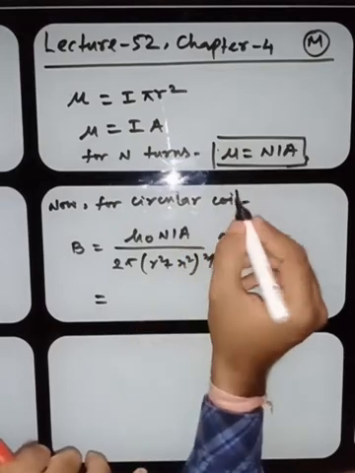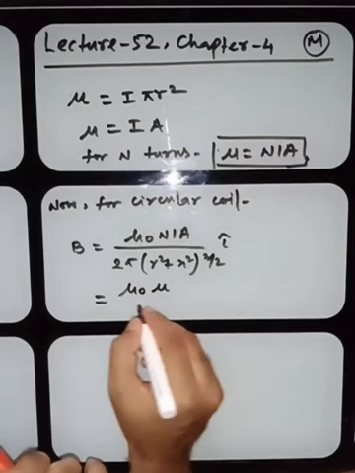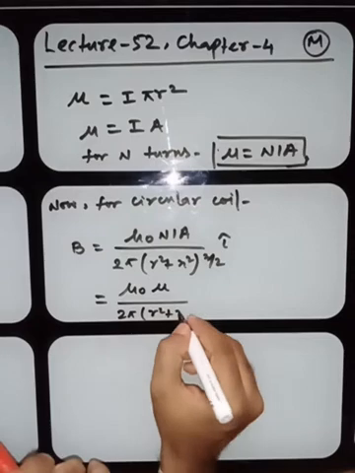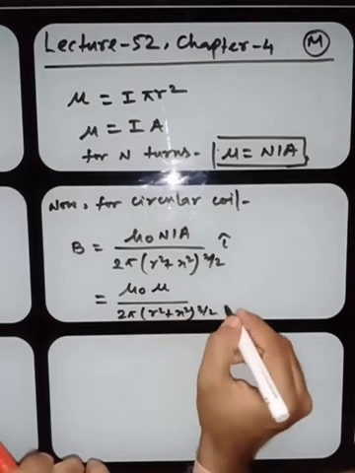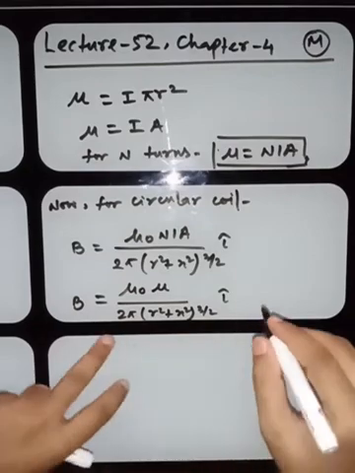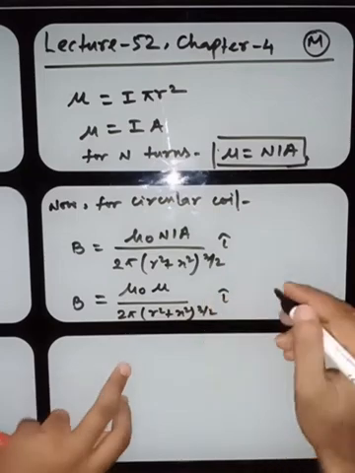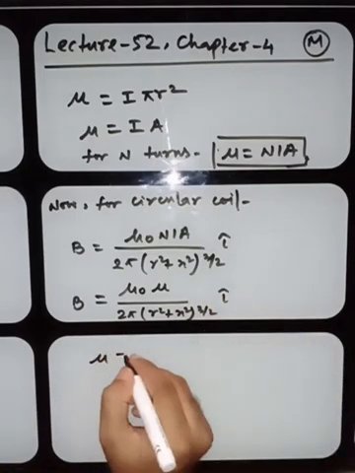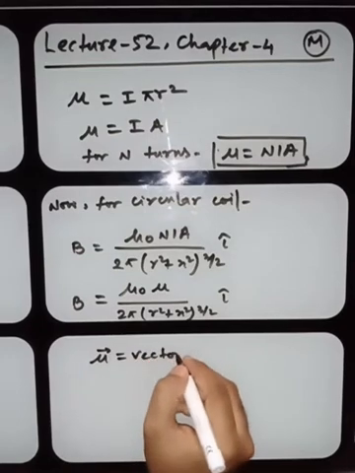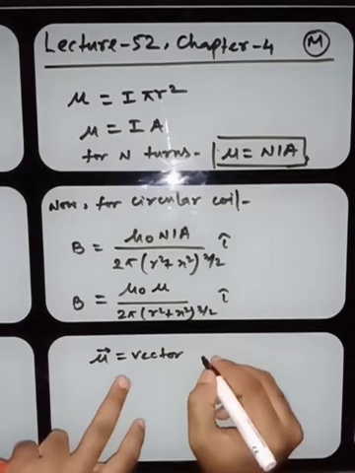And this is a vector quantity, remember. Mu naught times mu divided by 2 pi (r square plus x square) to the power 3 by 2, I cap. In magnetic dipole moment, you can write this equation as this one also. This mu is a vector quantity, remember, and the direction is obtained by the direction of current.